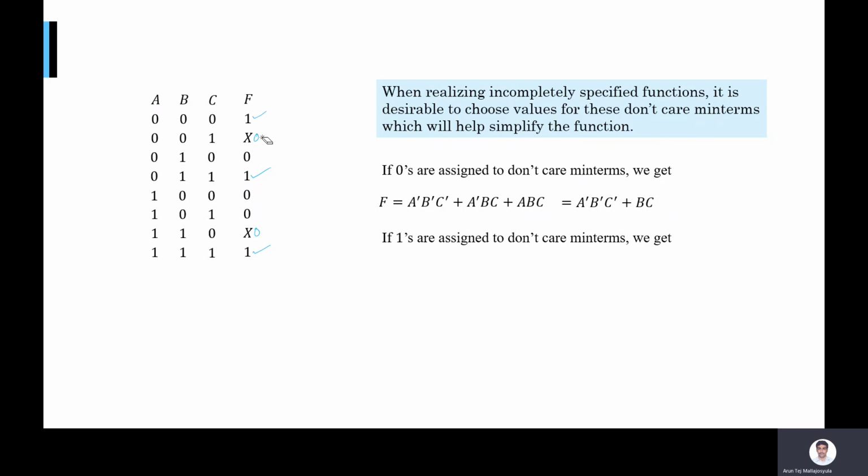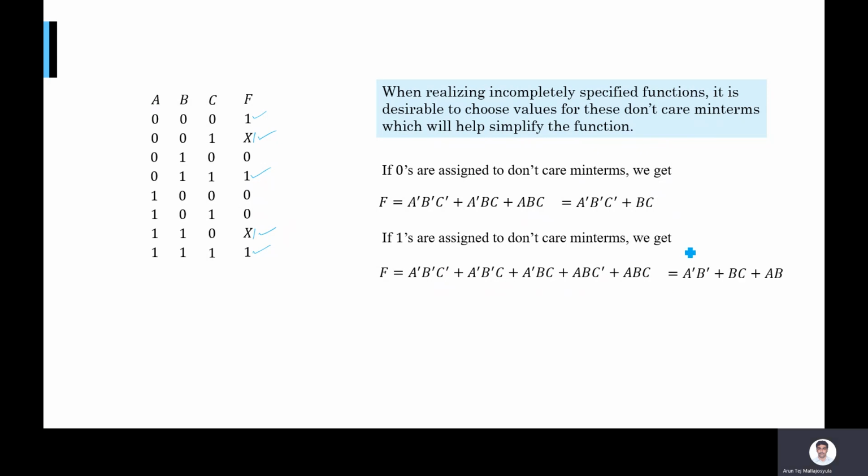On the other hand, if you are going to assign 1 here, what will you get? If you assign 1, you will have these 2 minterms also coming into picture for your full function. So that will be A dash B dash C dash plus A dash B dash C plus this term was there. Then A B C dash is coming from this don't care, and ABC.